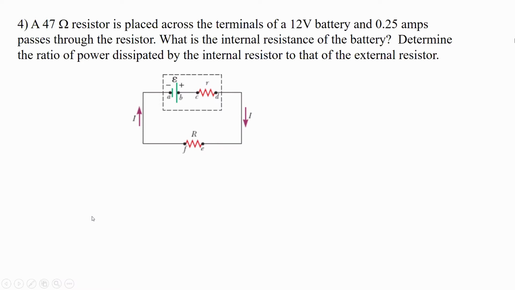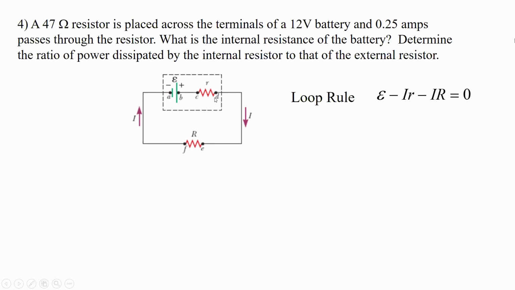So what we'll do is just use the loop rule. So we have the EMF, which we know is 12. Since it's a single loop, the current has no place to go, so the current is the same everywhere in this circuit. Going from C to D, we have a drop in potential, so that's a minus I little r.